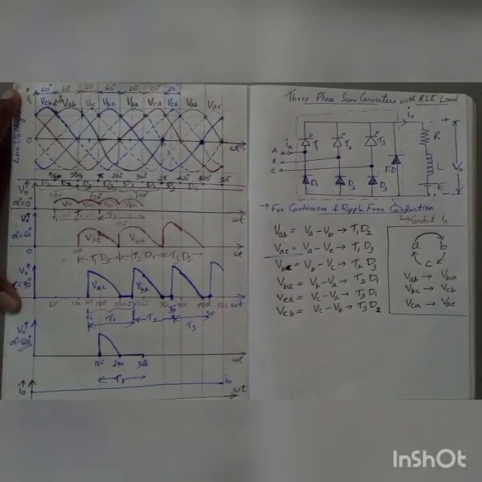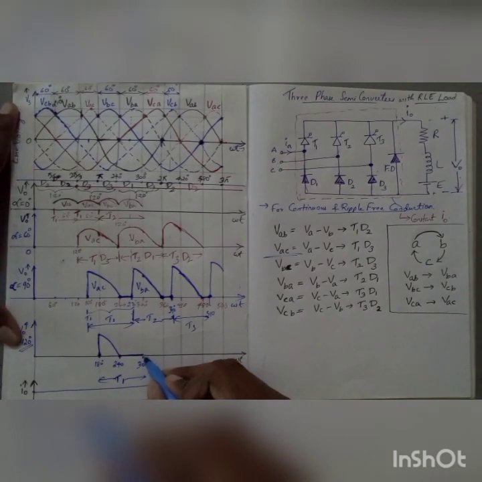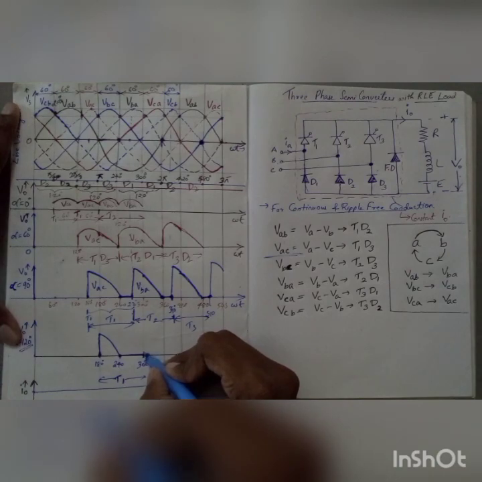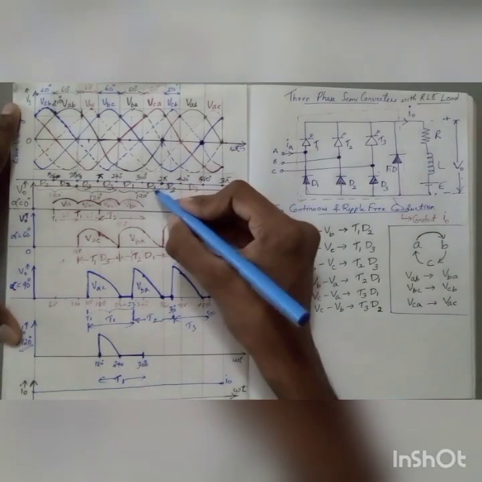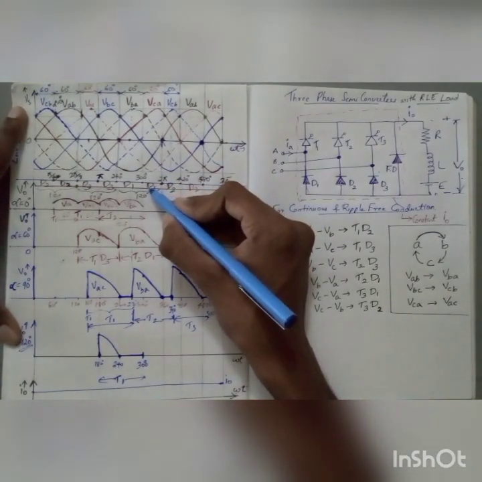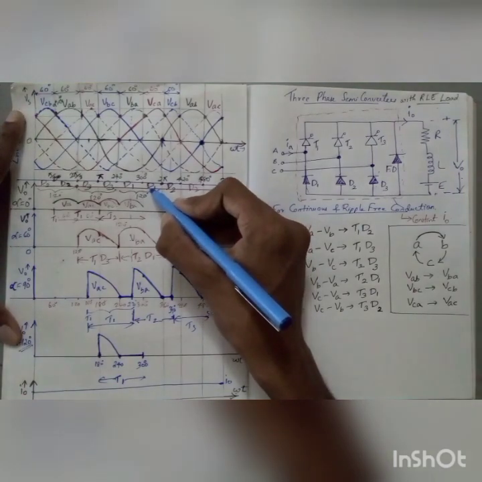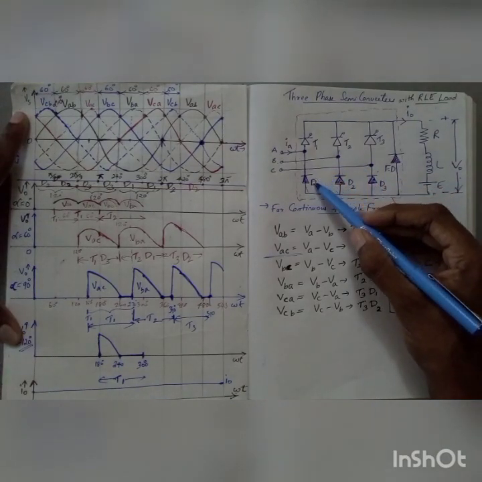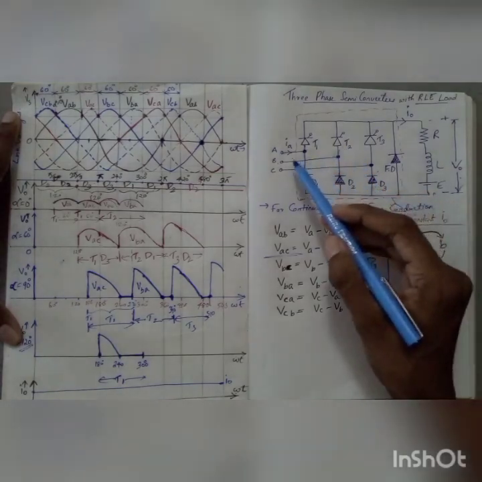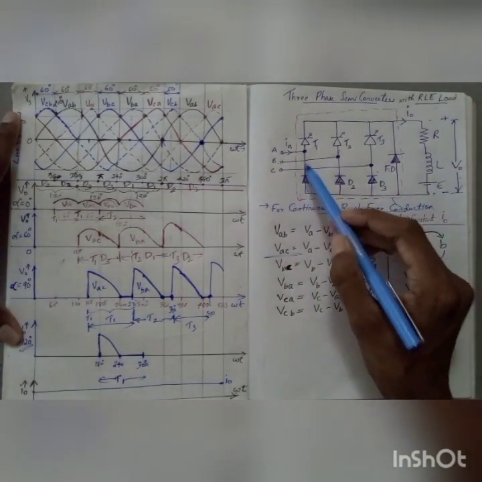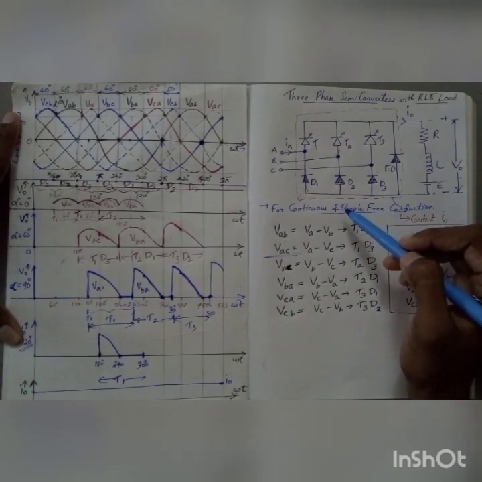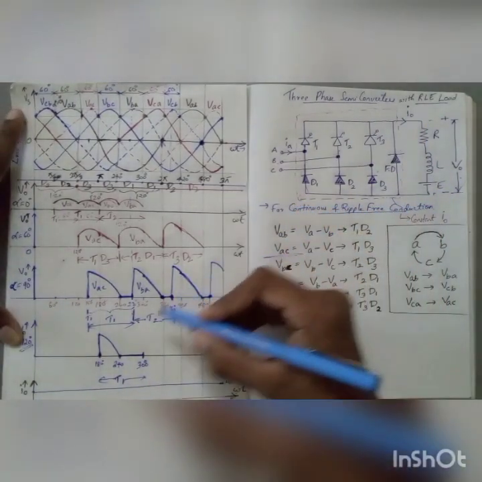Next thyristor is triggered at which angle? At 300 degree, T2 is triggered. The diode that was conducting at 300 degree is D1. So with the T2 D1 combination, which voltage appears across my load? T2 means B, D1 means A, so VBA will be the voltage that appears across my load, that is V0 will be equal to VBA.